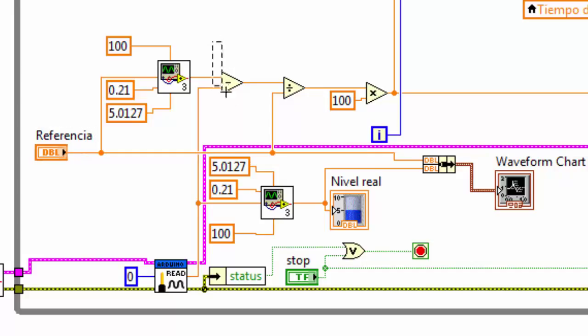To get the error of the system, we subtract the real value read by the Arduino from the reference, and then divide it by the reference value and multiply it by 100 to get the error in percentage.